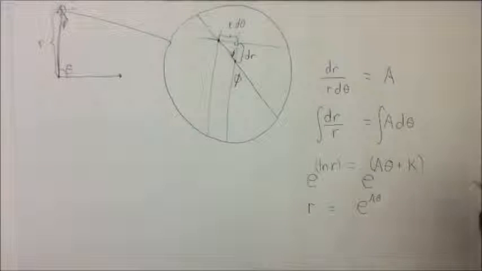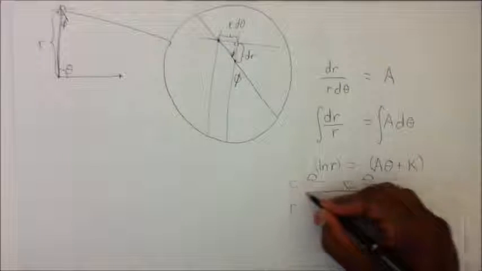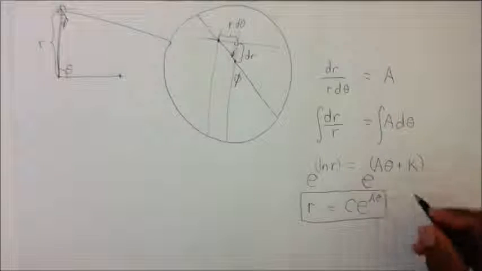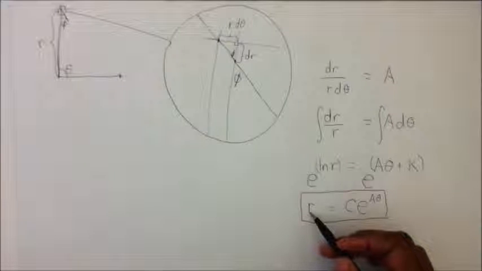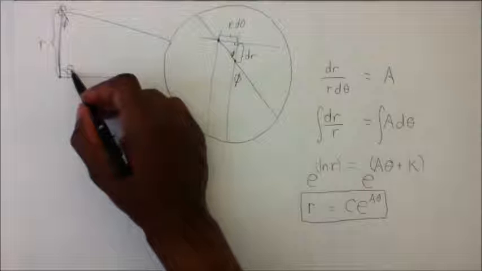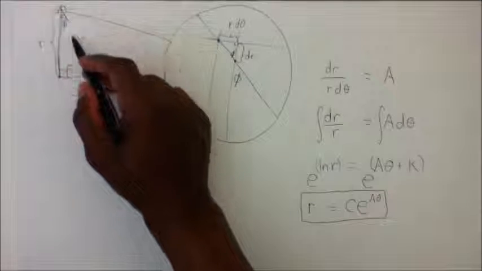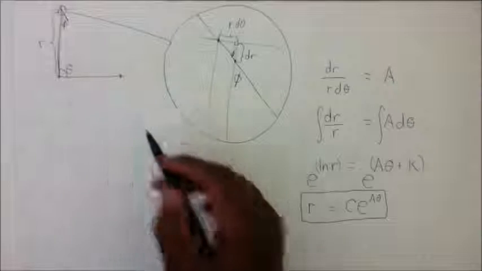So I'll just call that new constant c. So basically we've shown that there is an exponential relation between the radius and the angle theta, in that the radius is going to have an exponential relationship to the angle theta.